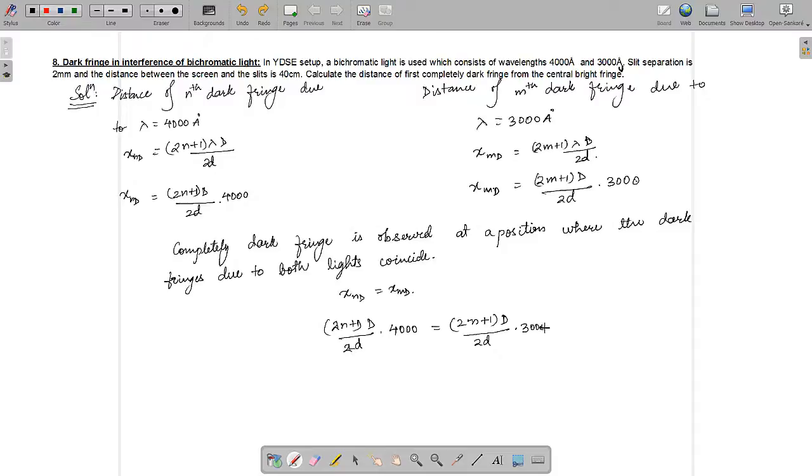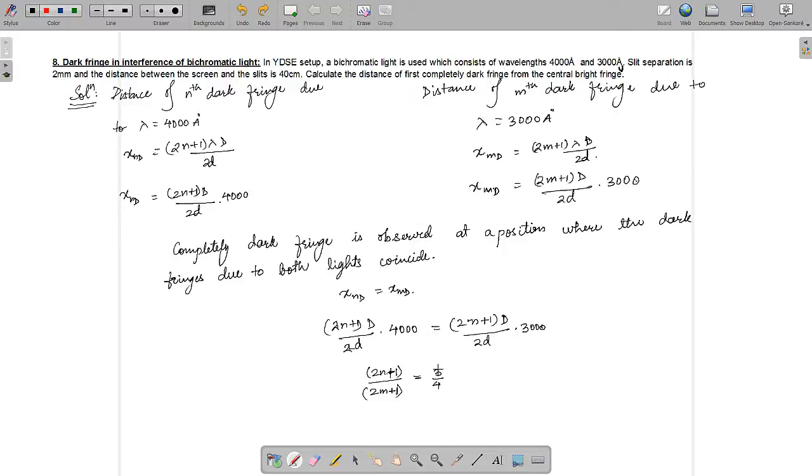So from here we can say that (2n plus 1) upon (2m plus 1) comes out to be 3 by 4. Now for different integer values of n and m, we can see that 2n plus 1 will be an odd number, as well as 2m plus 1 will be an odd number.